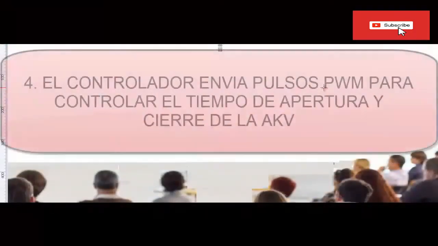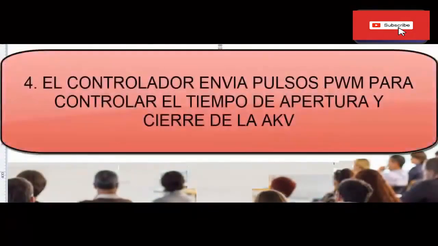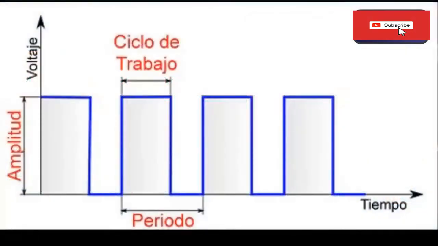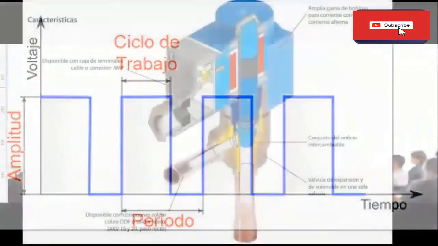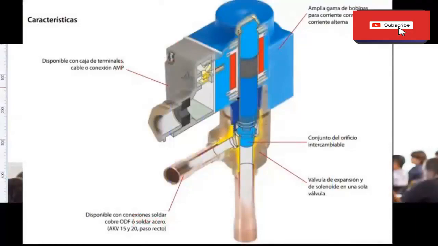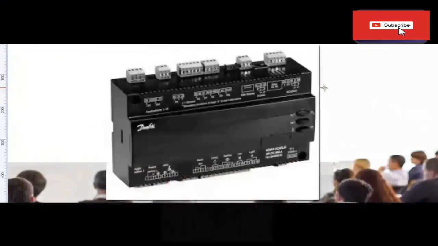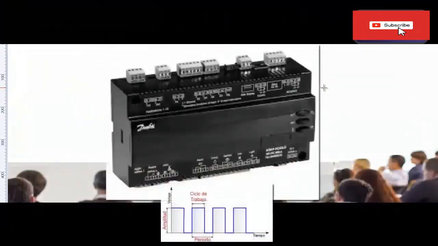4. When working with an AKV type expansion valve, or total opening and closing valve, the evaporator controller decides, based on the reading of the sensors, the time that the refrigerant should be allowed to pass through the evaporator. 5. The controller opens and closes the AKV valve, based on the sensor readings.